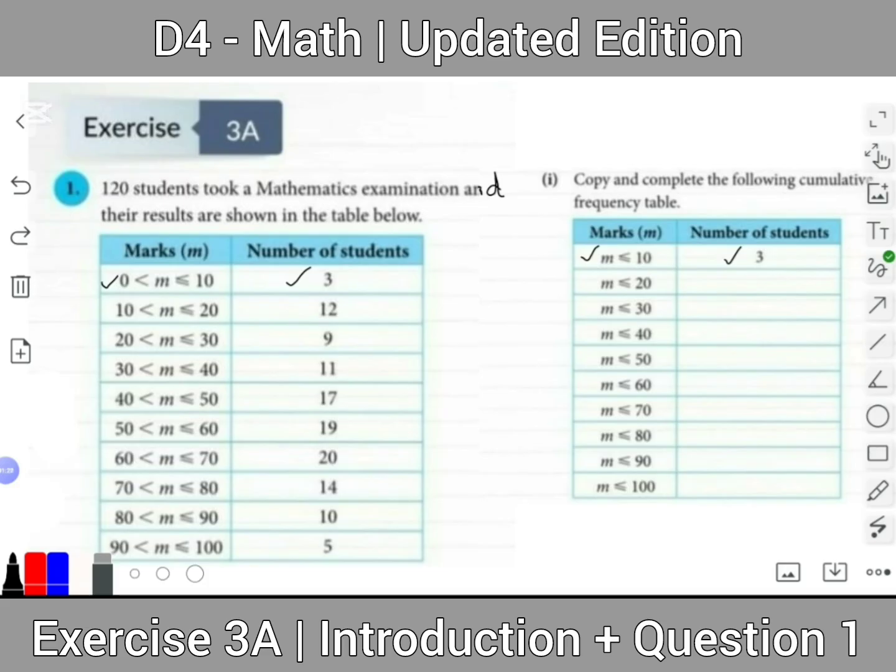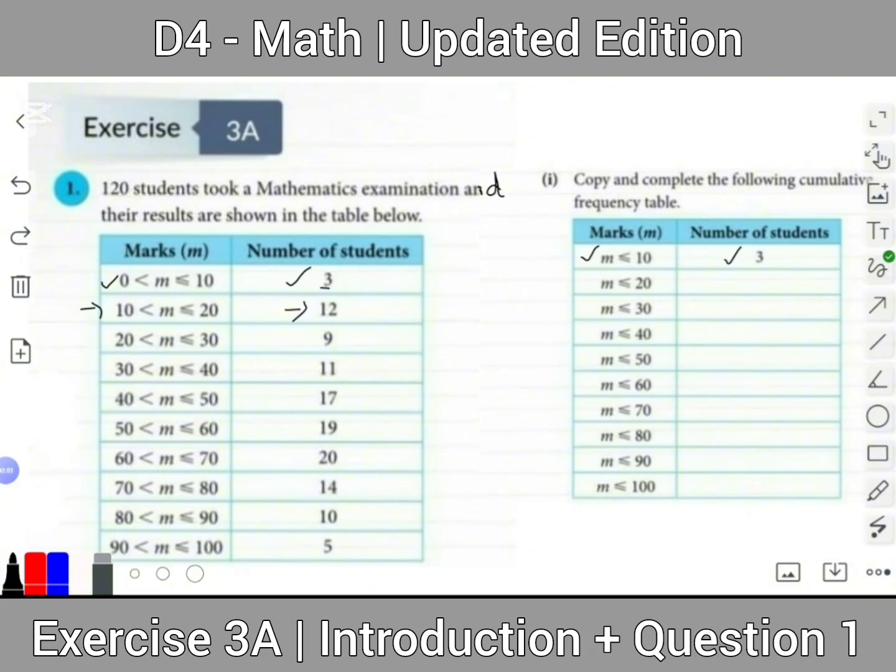But here is where it changes. We are going to look at the next entry from 10 to 20 with a frequency of 12. But because this frequency is cumulative, we are going to include all of the previous frequencies as well. This means we want to include all of the students from the first class interval and all of the students from the second class interval.